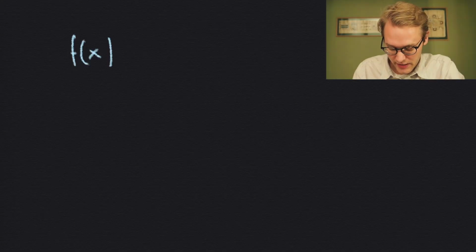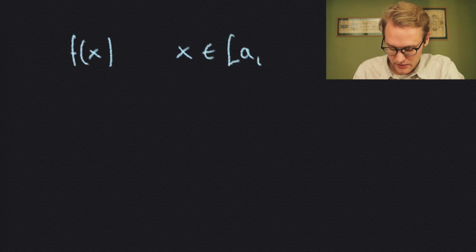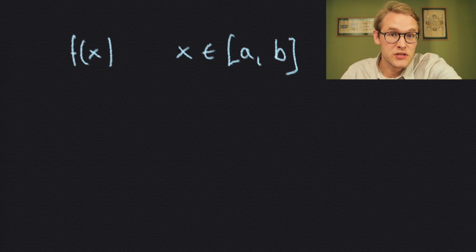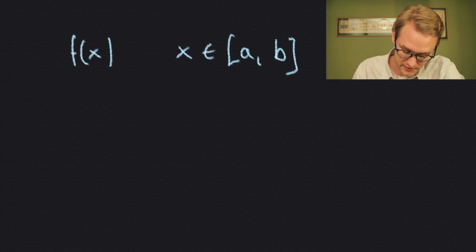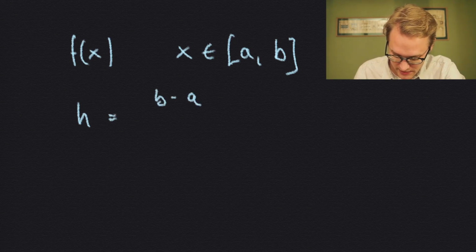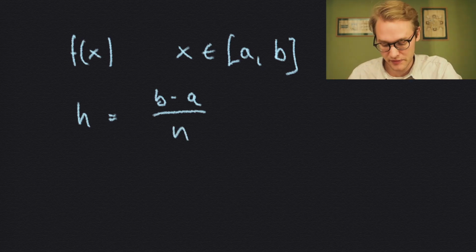So in general, we can create a discrete function of a continuous function as follows. Say we have f of x on the interval from a to b. We define the distance between the nodes as h, so this is the step size kind of, which would be b minus a divided by n, which is the resolution.